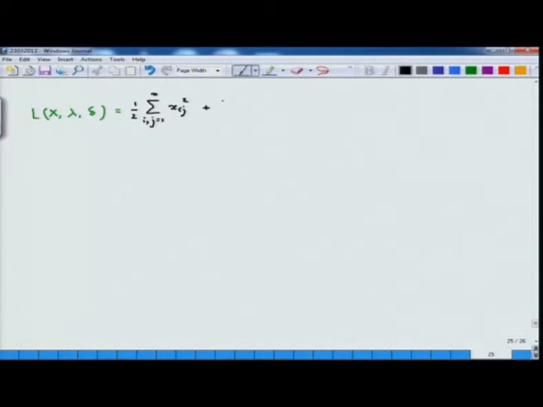So, you can write this by very basic matrix multiplication. So, it is summation i equal to 1 to n of lambda i times b i minus summation j equal to 1 to n of x i j a j.